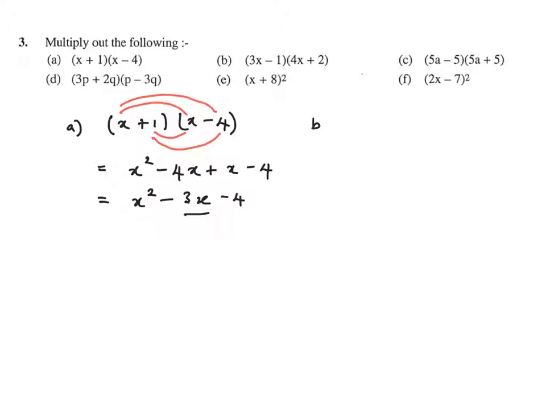Part B. So we'll expand this: 3x times 4x is 12x squared plus 6x minus 4x minus 2.